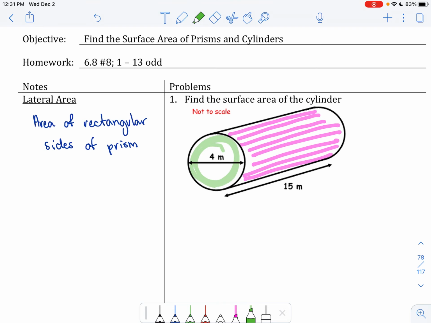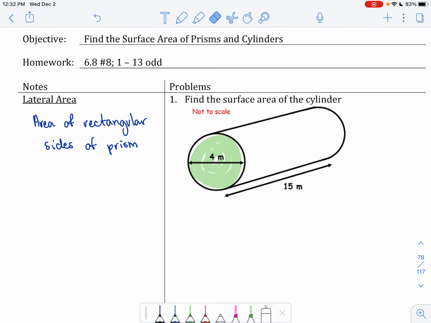And then, as we talked about with volume, the base is the non-rectangular side, so in this case, a circle. So: lateral area, base area. Now the formula for the lateral area is, in general, the perimeter of the base times the height of the prism.